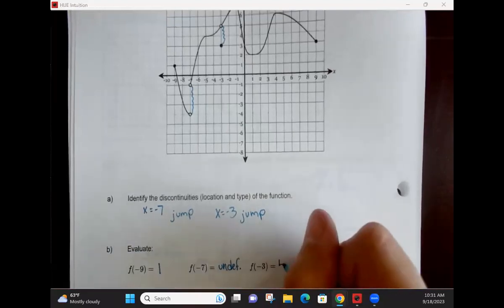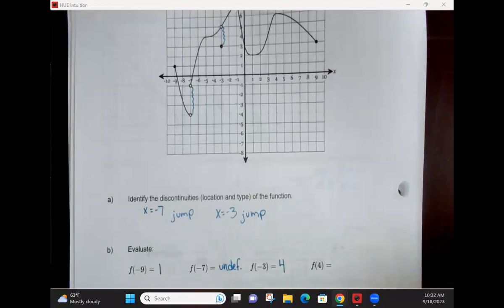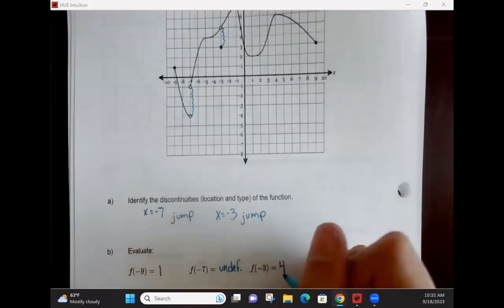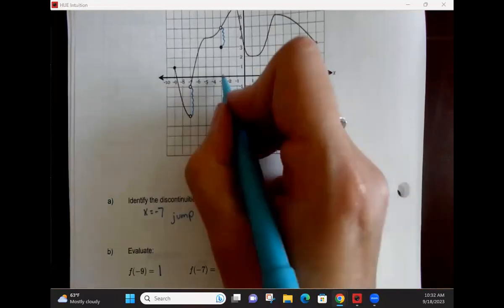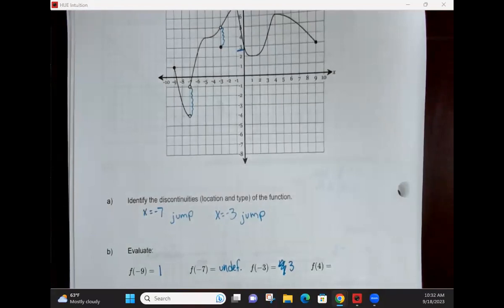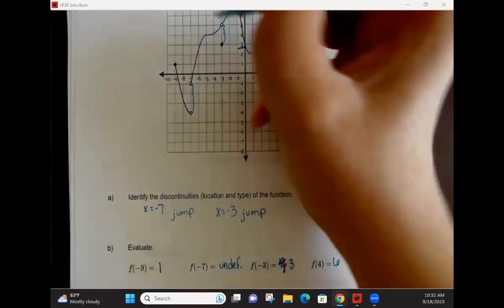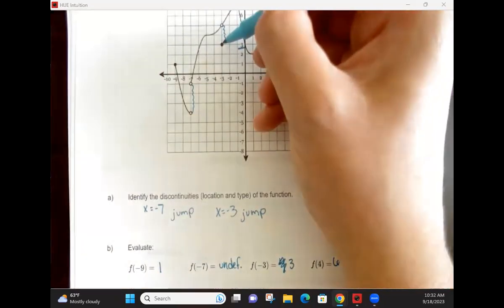Oh, it should be f of -3 is 3. There we go. F of 4. There we go. 6. F of -3, we have a discontinuity there, but that value is still defined.